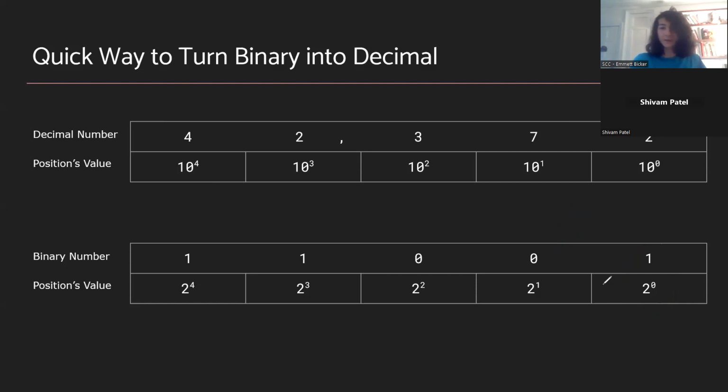So a more mathematical definition is that the value of every place is equal to the digit at that place times the place value. So the value of this 1 in the entire number is the digit at that place times 2 to the power of the place number minus 1, technically, because it's accounting for it starting at 0.